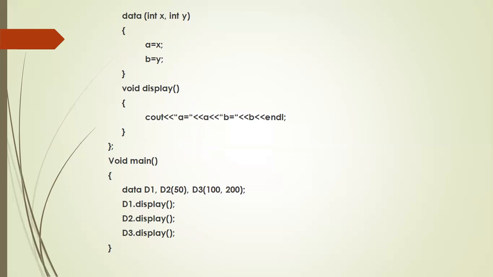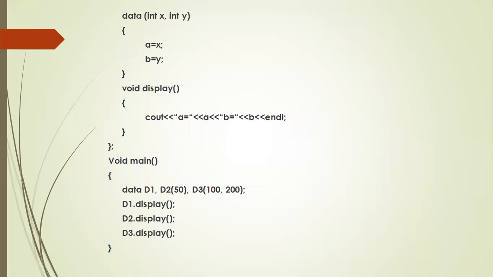Data D1. The moment the object is created, the constructor is automatically invoked. In the case of the first object D1, no parameter is there. So for the object D1, the constructor without any parameter is executed. Which constructor is executed? The first constructor, because the first constructor does not have any argument.